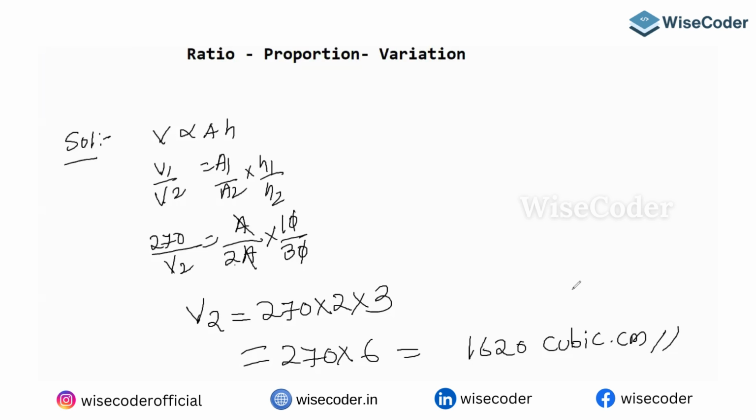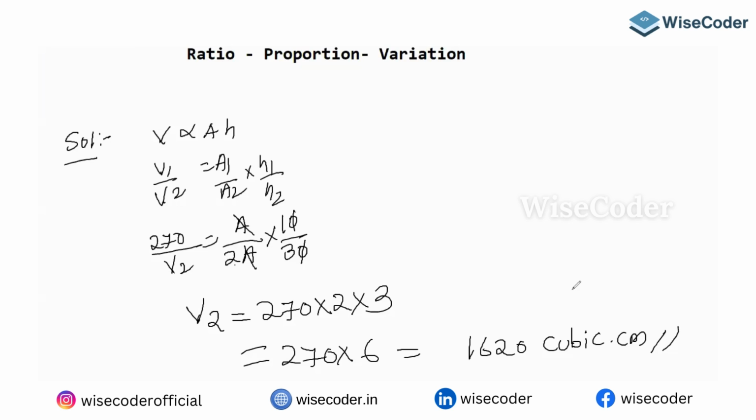Then followed by variation. If one quantity is changing in the same manner as the other quantity, variation comes into the picture. There are two varieties of variation: direct variation and inverse variation.